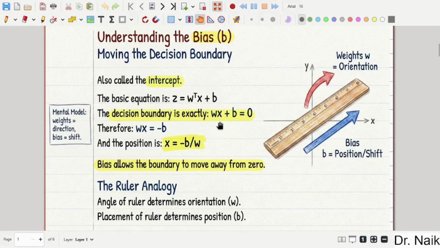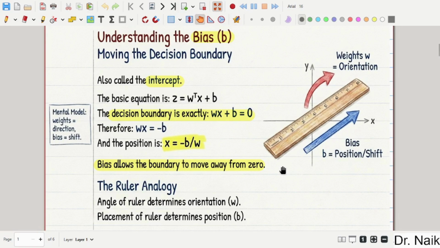So w transpose x is equal to minus b, so x is equal to minus b by w. So bias allows the boundary to move away from the 0. Weight means the direction, and bias shifts the boundary away from the 0.